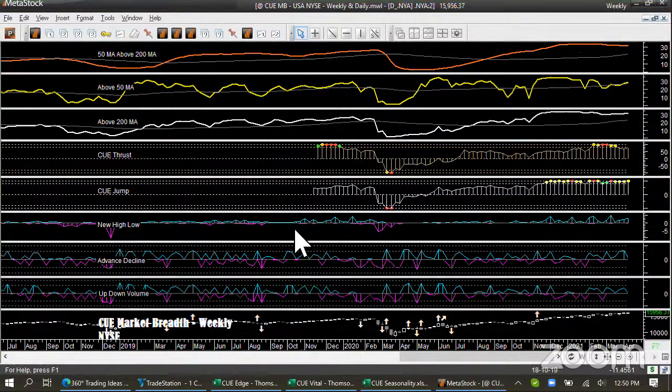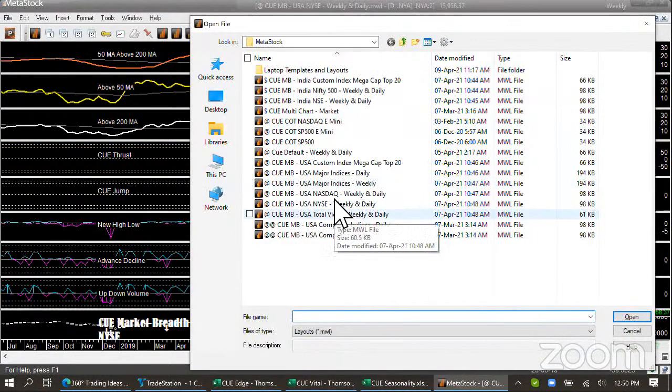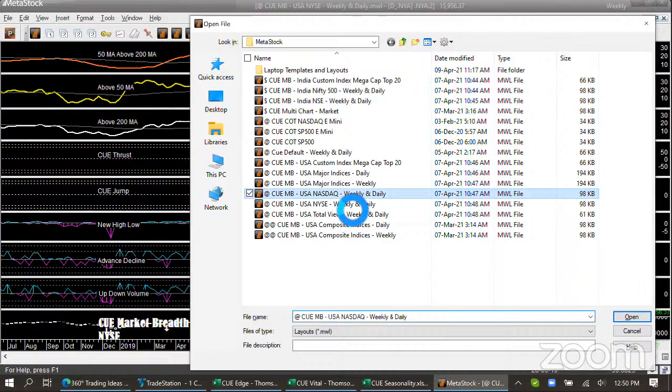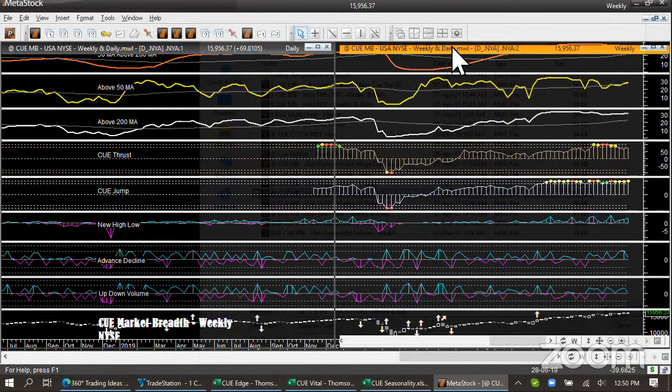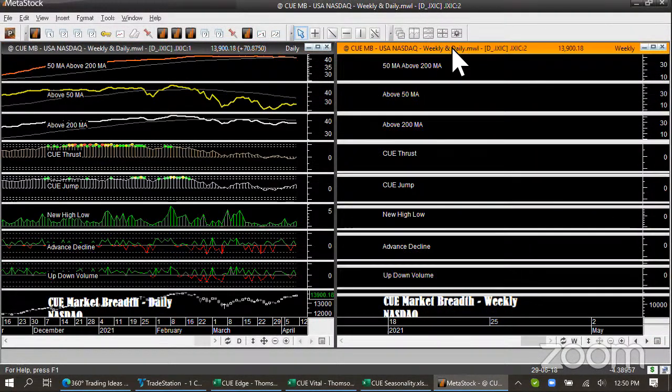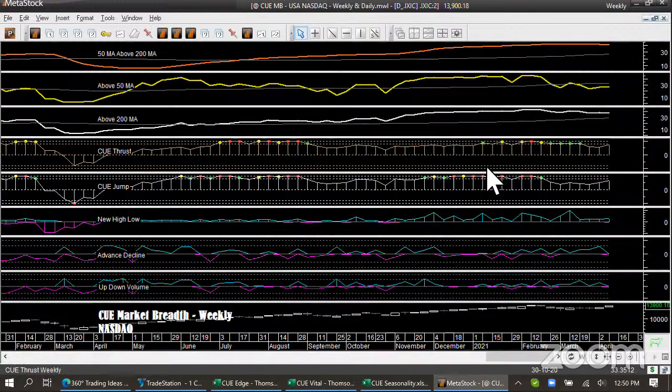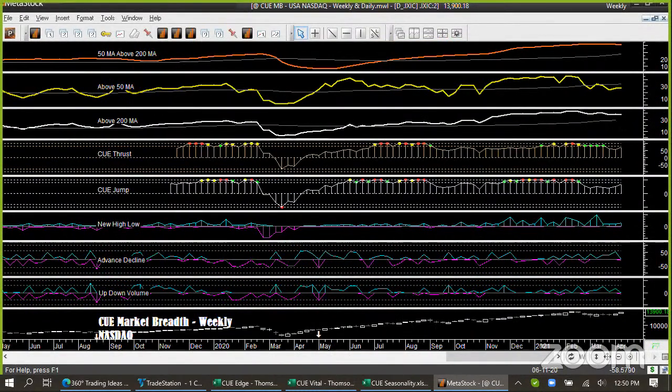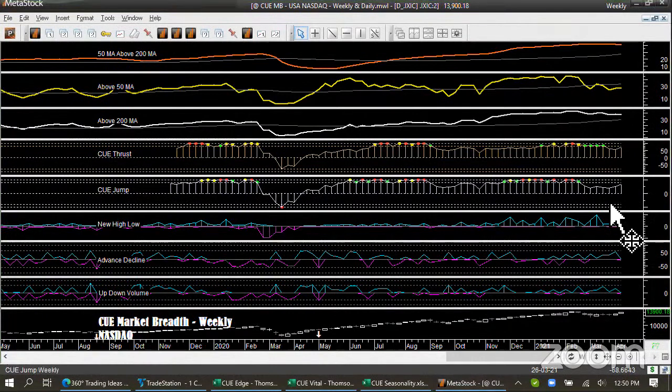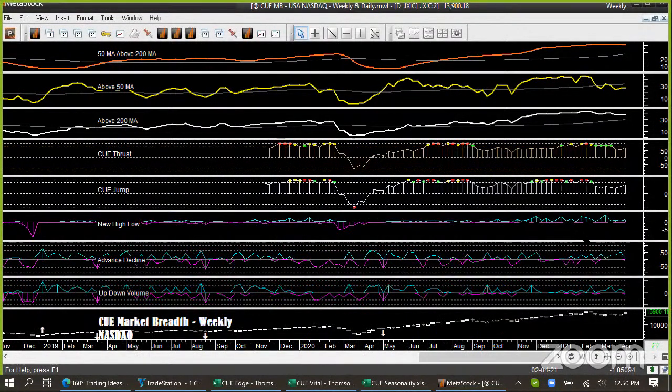And if we look at Nasdaq as a whole, let me open the template. Look at the weekly only to save time. Here we can see some difference. The new high low, advanced decline, up down volume are bullish.